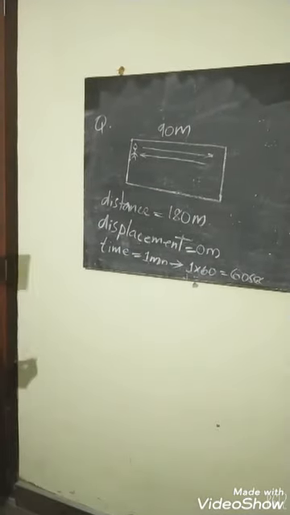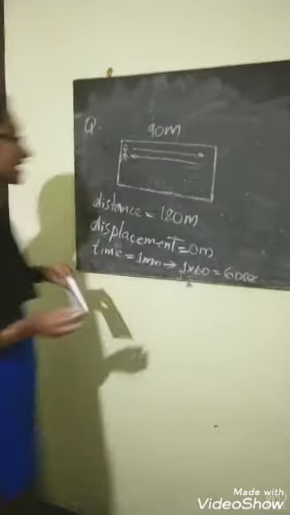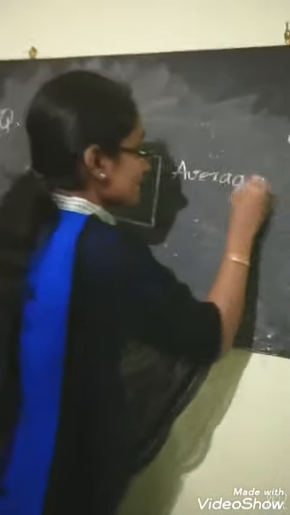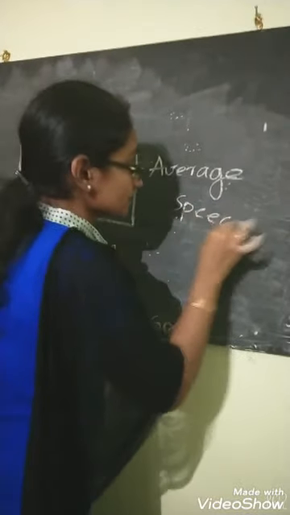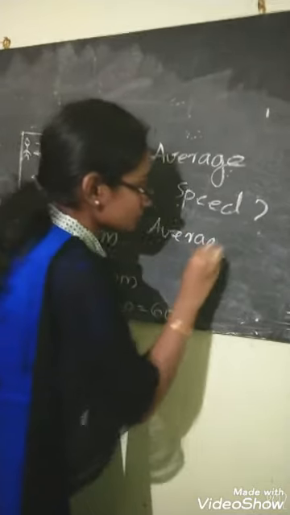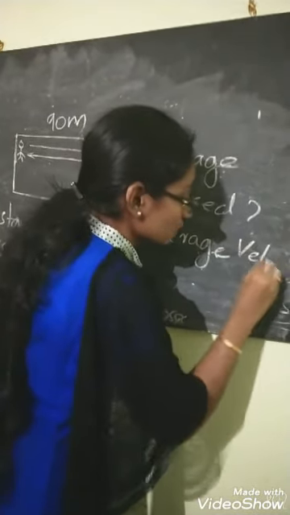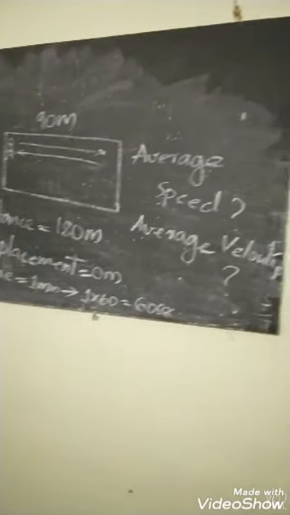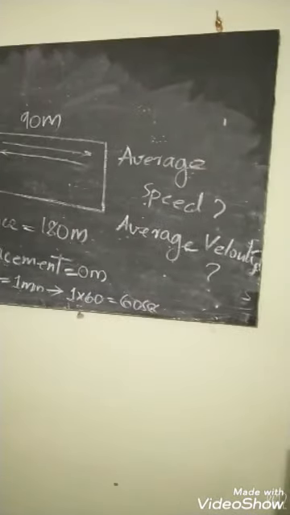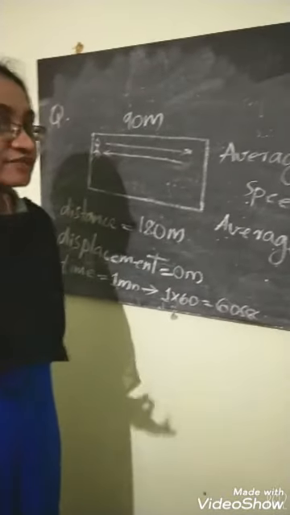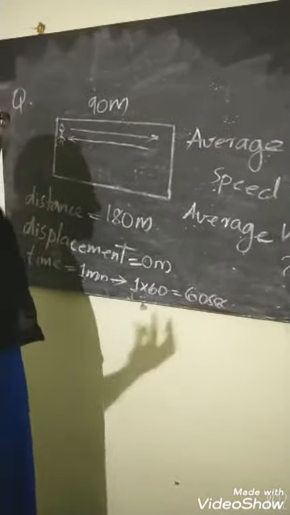Now you have to find the average speed and average velocity. These are the questions you have to solve. You already learned the equations for average speed and average velocity, and find what difference you see in the values.